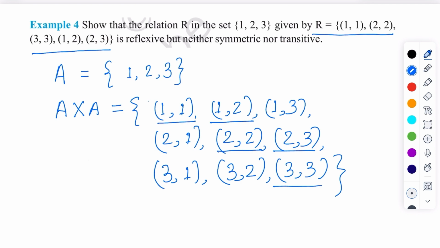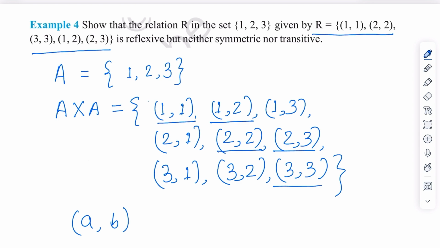Okay. Now what we have to show is that this relation R is reflexive. Now what's a reflexive relation? Now you can easily see that the element of the relation is in the form of (a, b), isn't it?